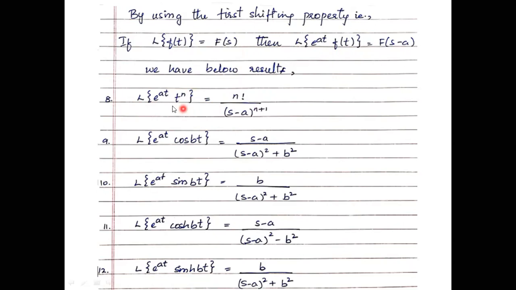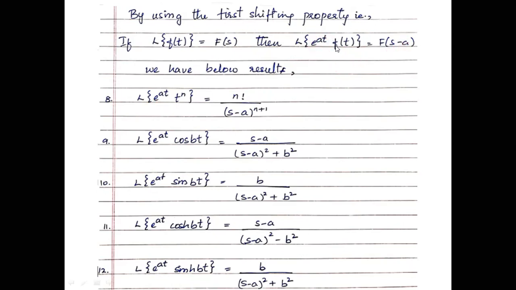We know the Laplace transform of t^n is n factorial by s^(n plus 1). So in place of s, I want to replace s by s minus a because of this term.